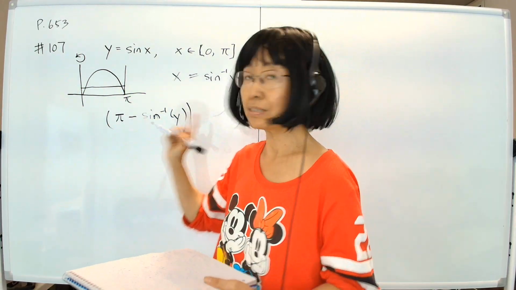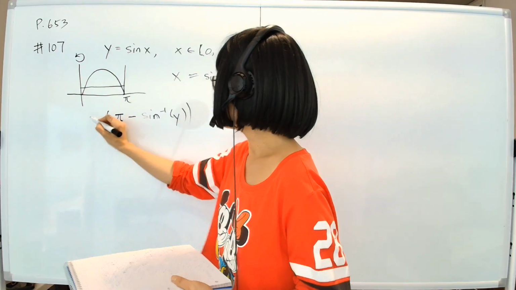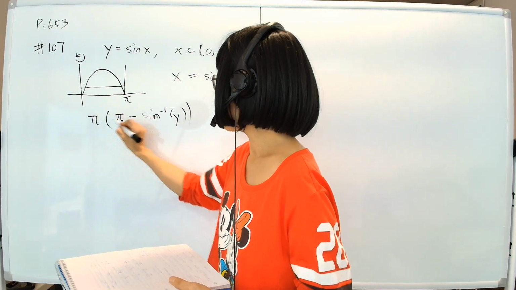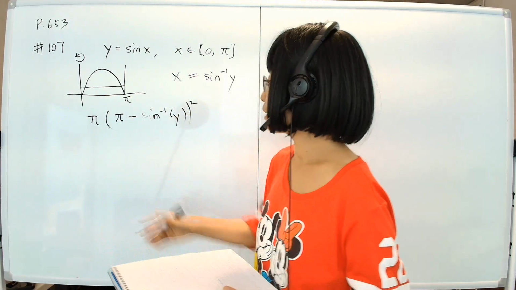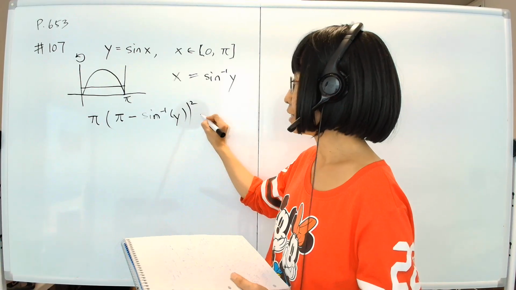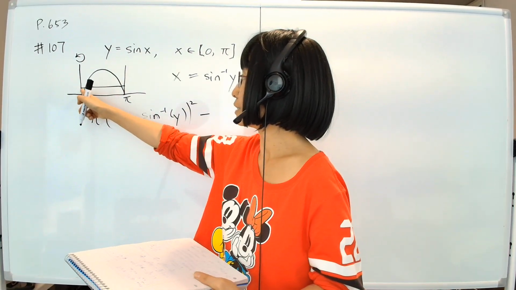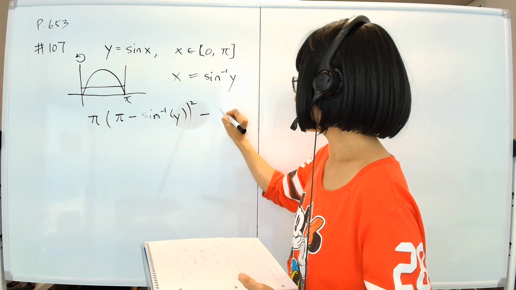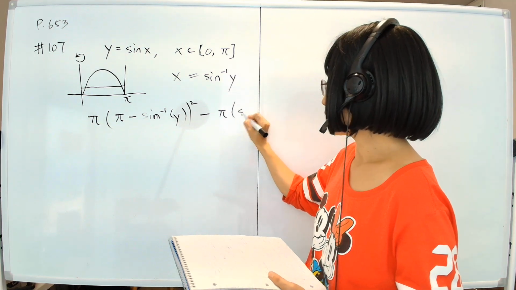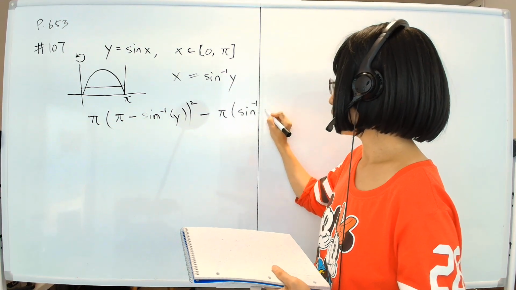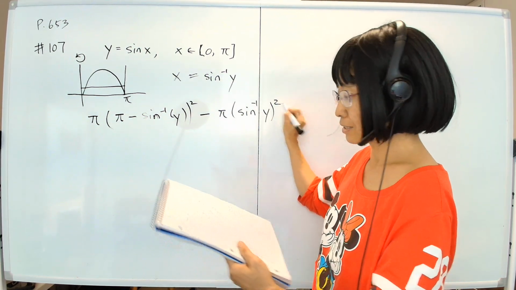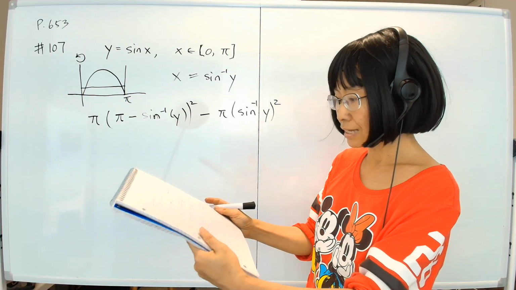And that's the first radius, which we will make pi r squared, and then minus the hole. The hole is just the sine inverse, the little thing. So then minus pi times sine inverse of y, squared, and so that's our area.